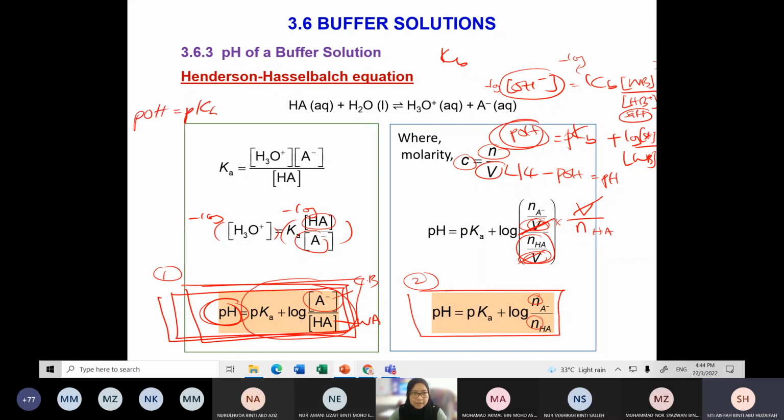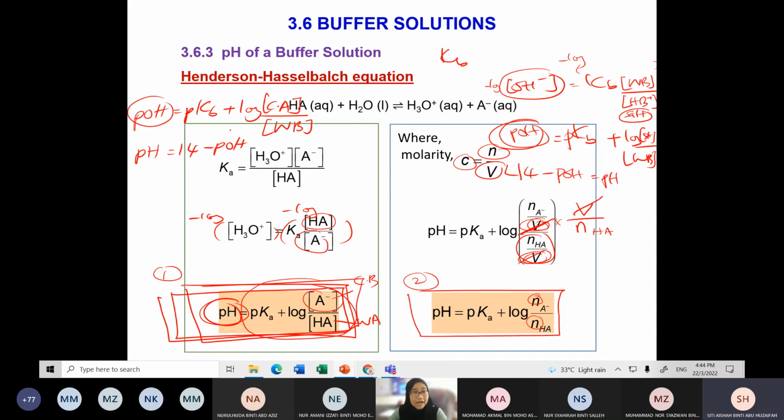I write pOH equals pKb plus log of conjugate acid over weak base. And later, to find the pH, 14 minus pOH. But you will find the pOH first. You have to find the pOH first.